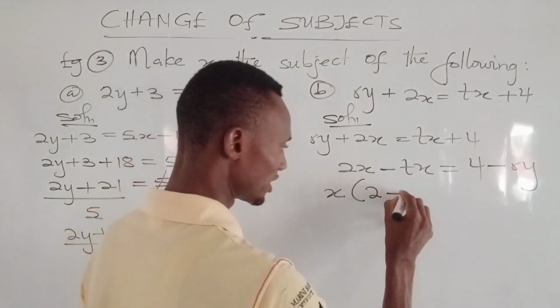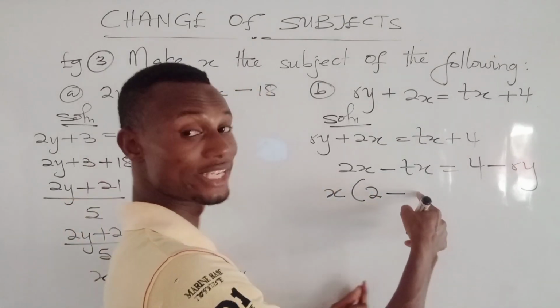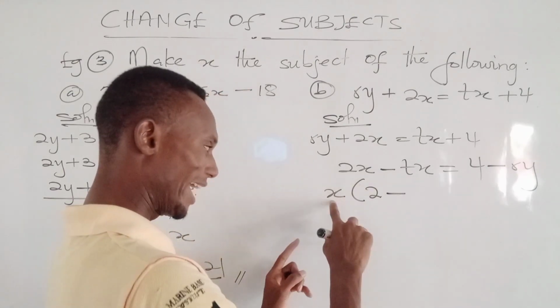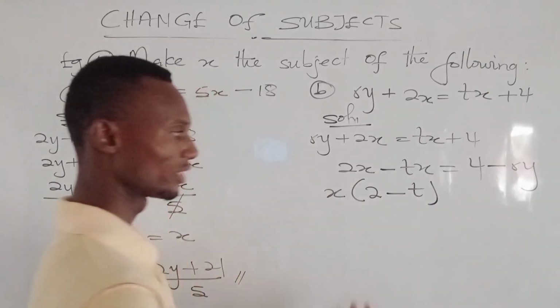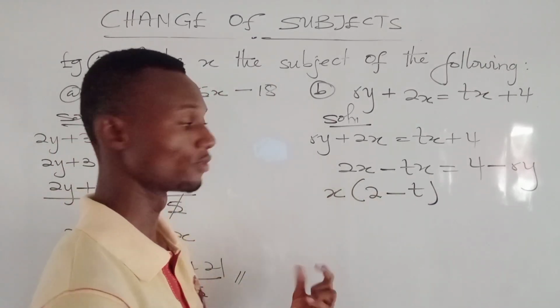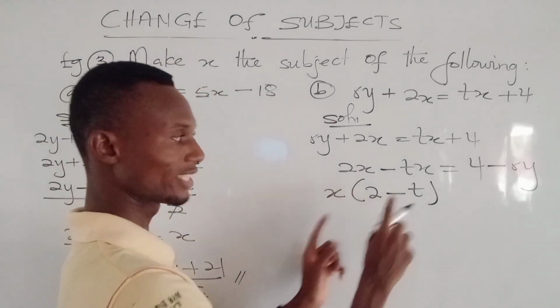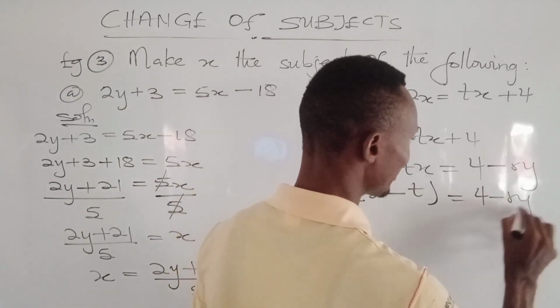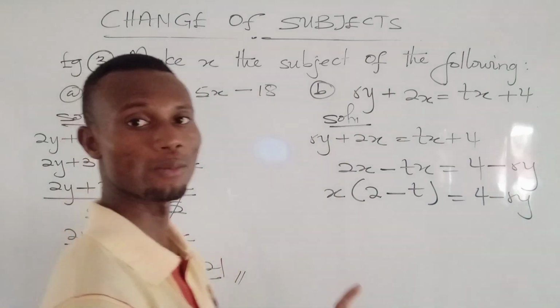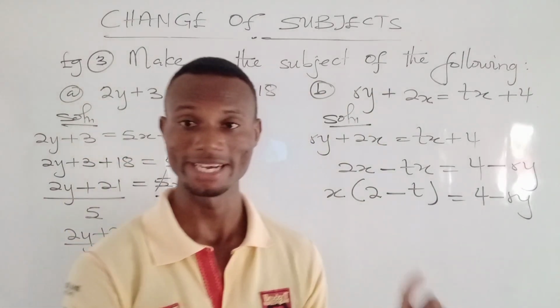You bring your minus, which is here, and ask yourself again, what will I put here so that when I multiply it by the s, I'll get this ts back, and that is going to be t. So this is the factorization that you need to do. So s into bracket 2 minus t equals, then you repeat your 4 minus ry, which is at this side. I hope you understand the explanation.